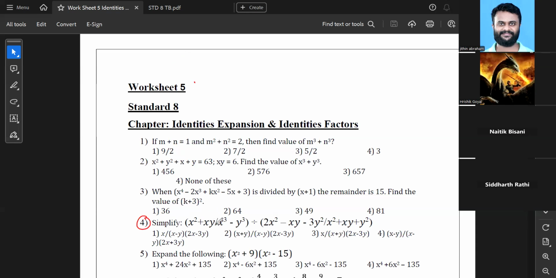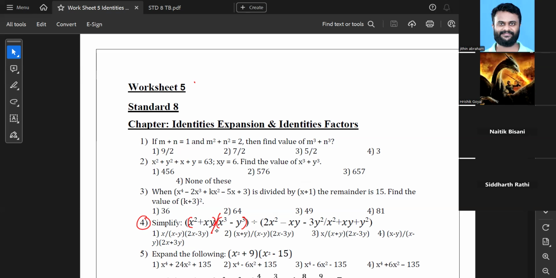By the way, this division, I think this is together and this is together, and then it is divided. Because if only xy was divided by x cube, then x and x would cancel, leaving x square below.